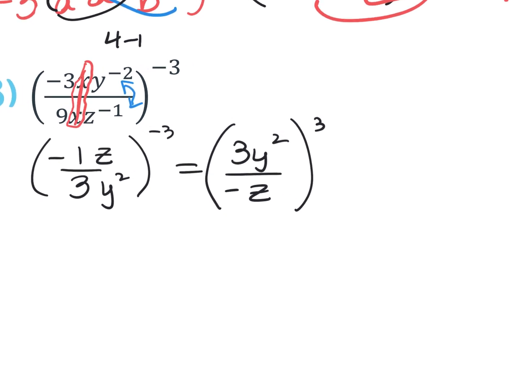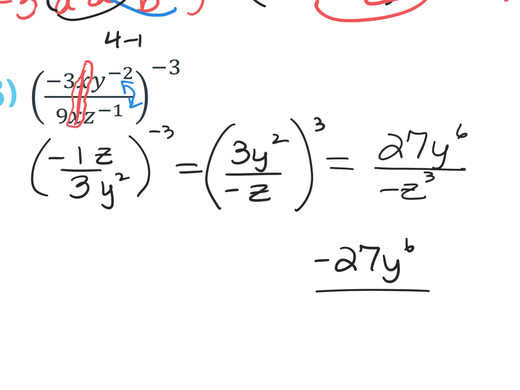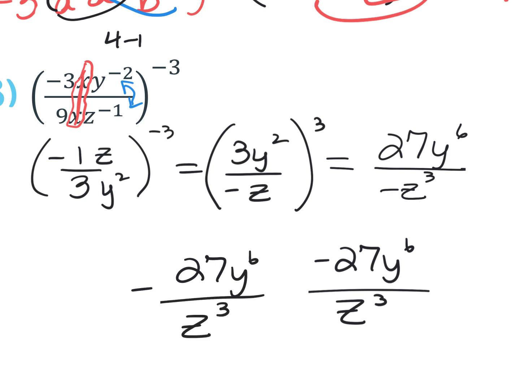So then this will become 27 y to the 6th over -z cubed. Now, you could have also moved the negative sign to the top and make the z in the bottom positive, or just move the negative sign out front. Now, if you prefer to flip and then apply it, you can do that as well. It doesn't really matter.